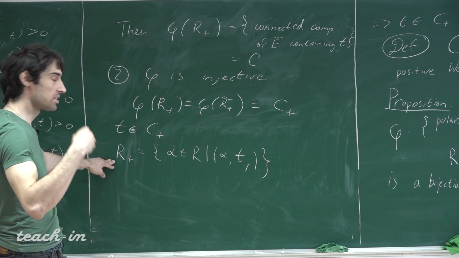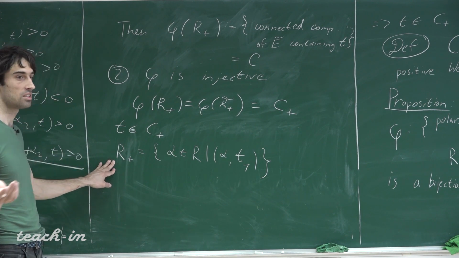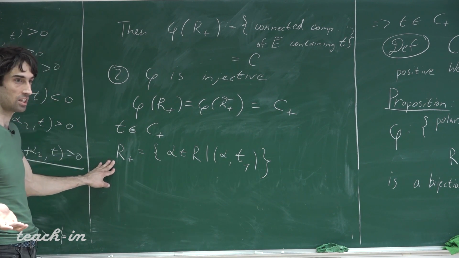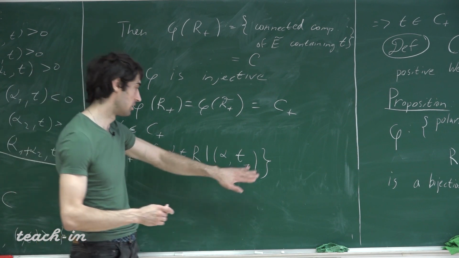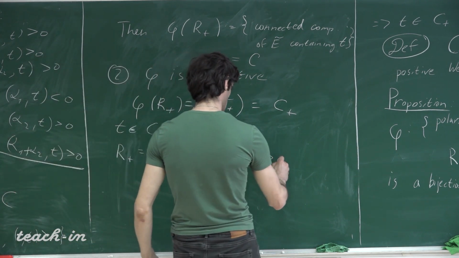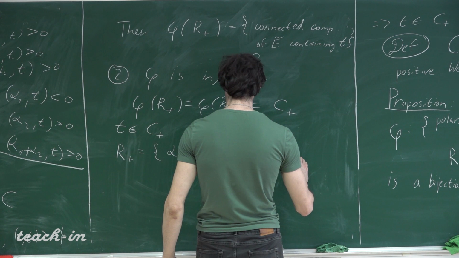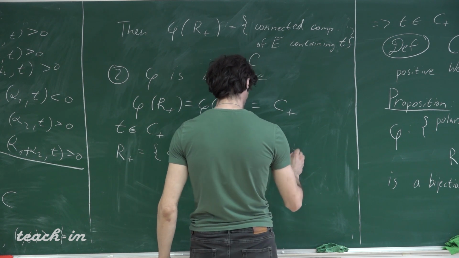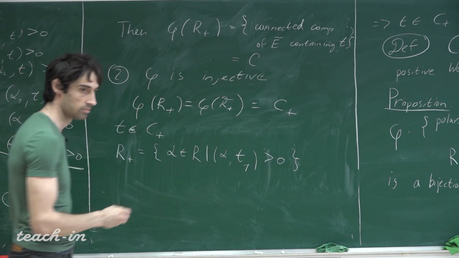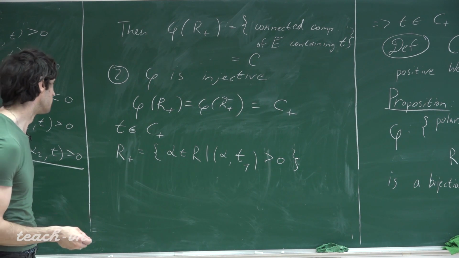So R plus is some polarization, right? It's defined by some element T1, I mean greater than 0 for all. Just like that, right?